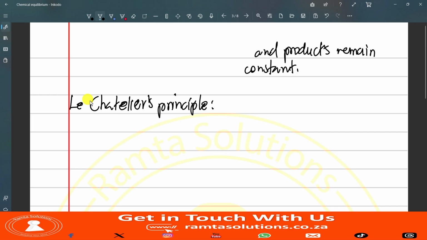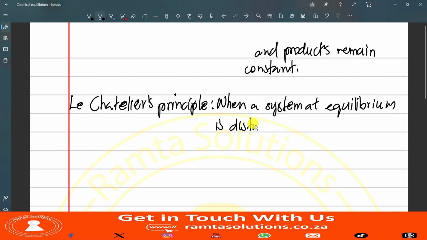So Le Chatelier's principle says, and this is according to your DBE, guys, but what I just said is basically it. When a system at equilibrium is disturbed, remember the disturbances, you will learn about them later, the system responds by opposing that disturbance.